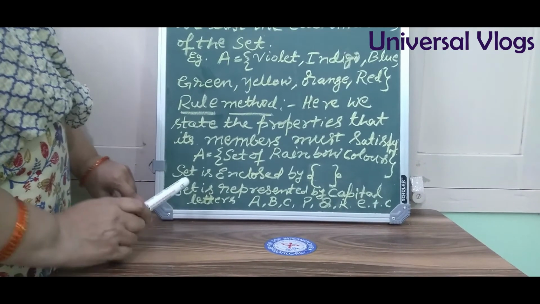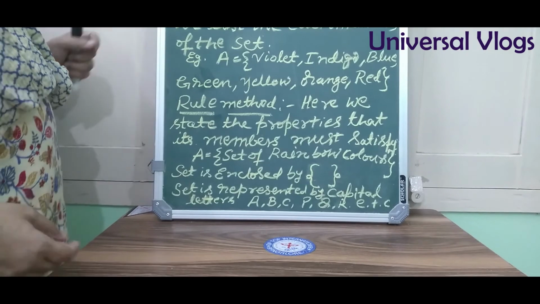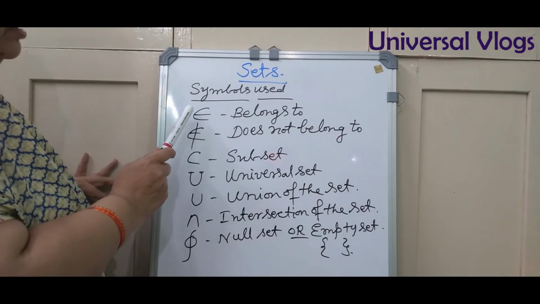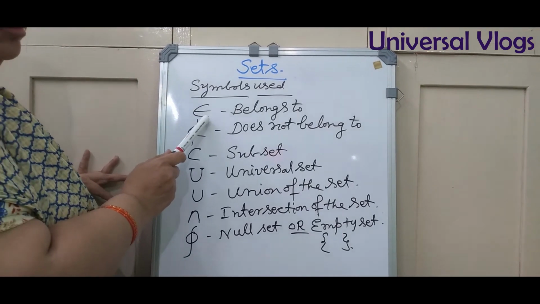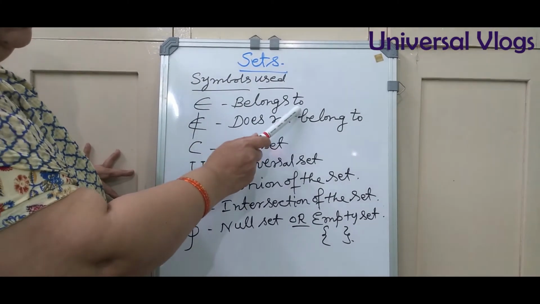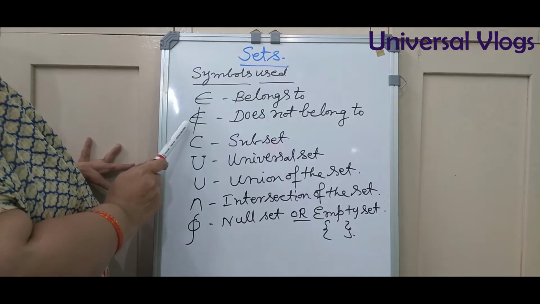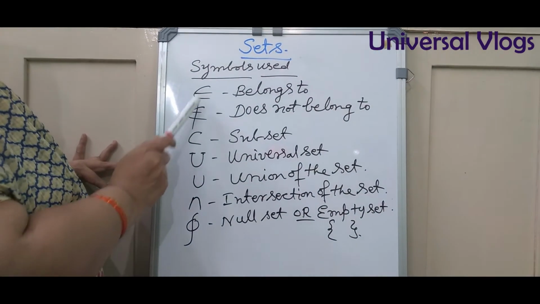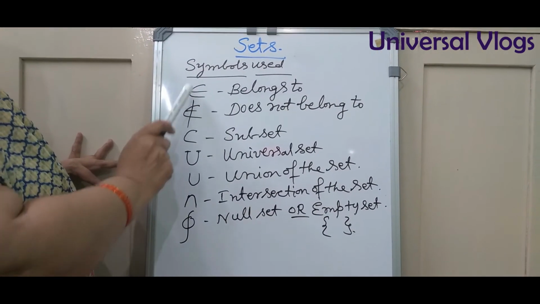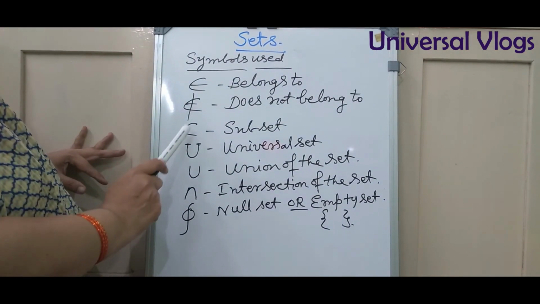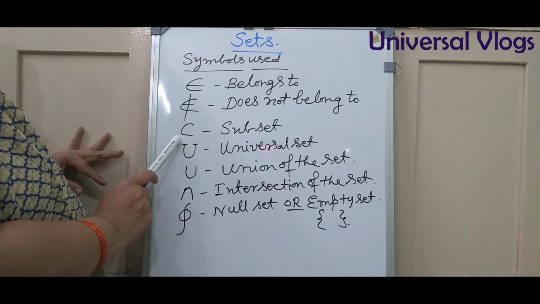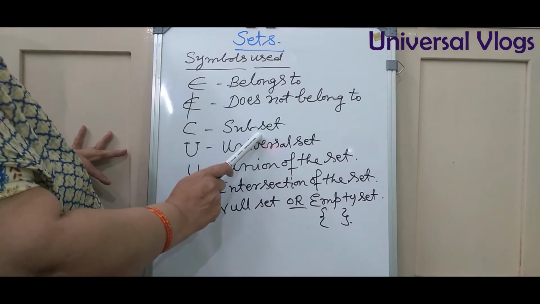And now let us see the symbols used once again. You can observe the symbols I have written here. This symbol is for belongs to. And next symbol, see here I have put a cross line like this. This is for does not belong to. And next, the symbol of C will be for subset.